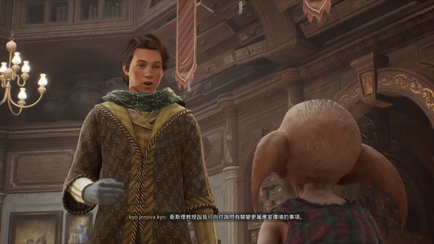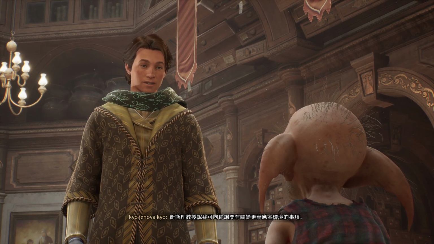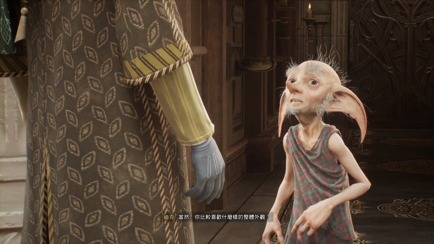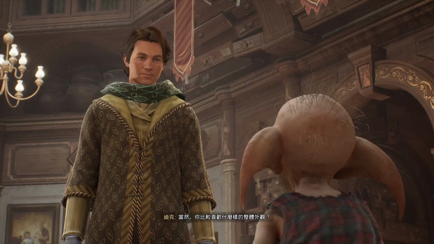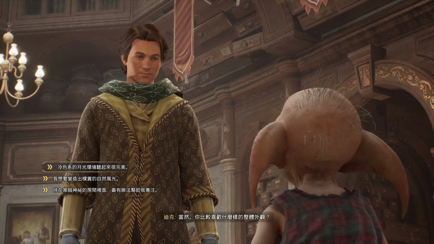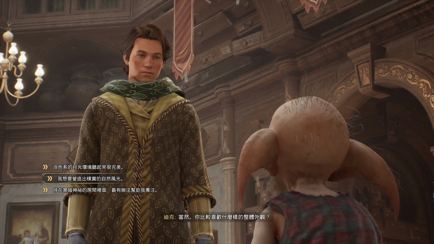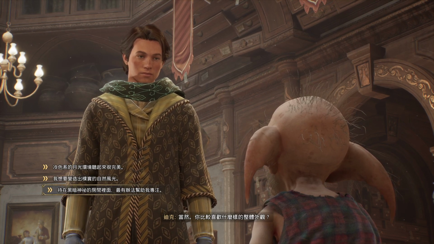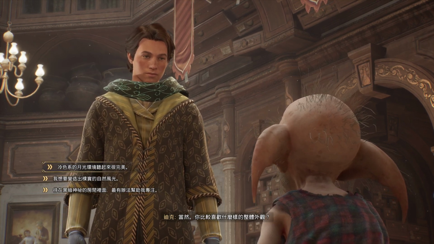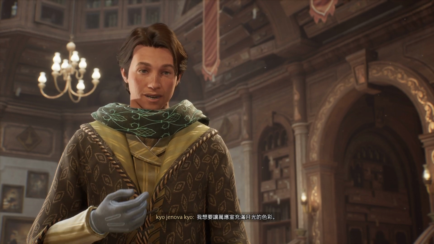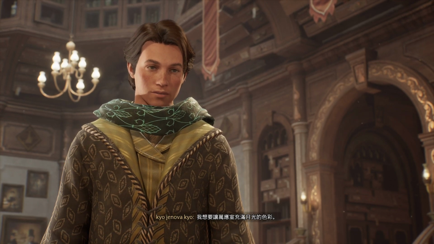Professor Weasley said I should ask you about changing the room's ambience? Of course. What sort of overall look most appeals to you? I would like the room to feel as if it's being lit by the moon.